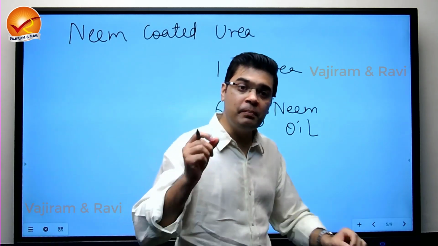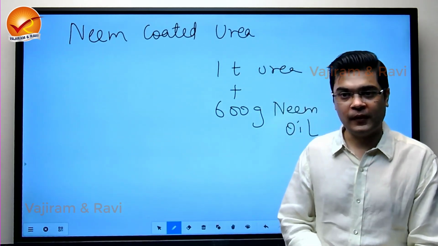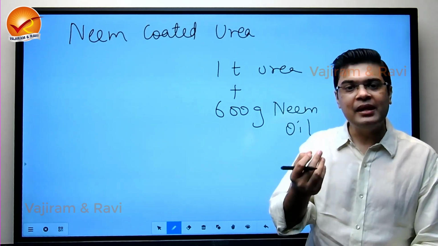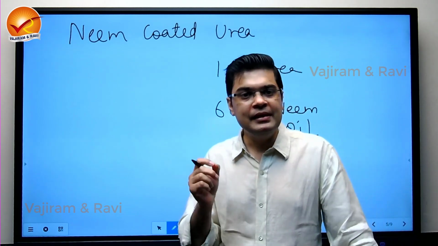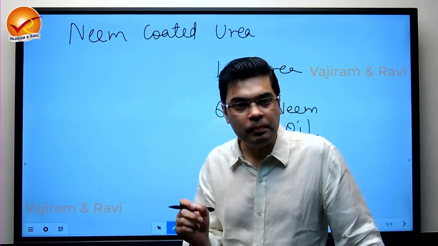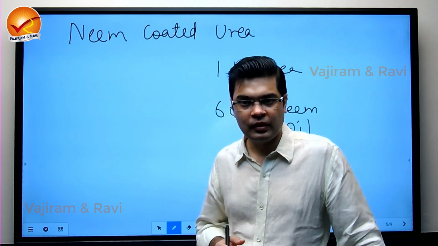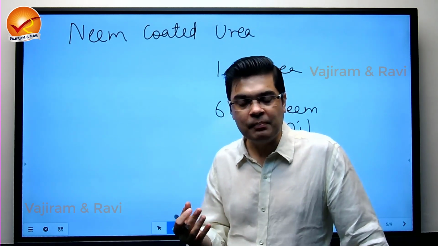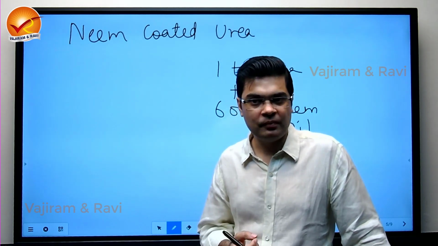Now what are the benefits of neem coated urea? One of the minor benefits is that neem is an excellent biopesticide. Farmers generally use chemical pesticides, but neem is a biopesticide.